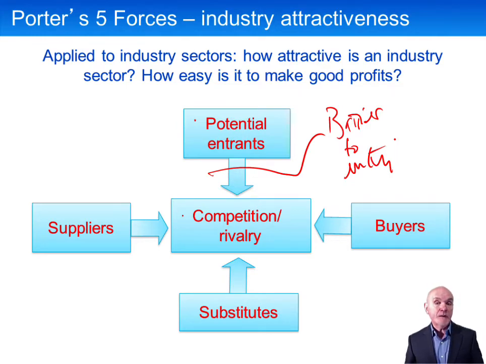Sometimes there are a lot of regulations that you have to pass before we're allowed to trade in a particular way. Size can be a barrier to entry as well. If the dominant player in the market has 80% share, then you coming in with maybe 10-20% share, you're going to find it quite hard to compete.